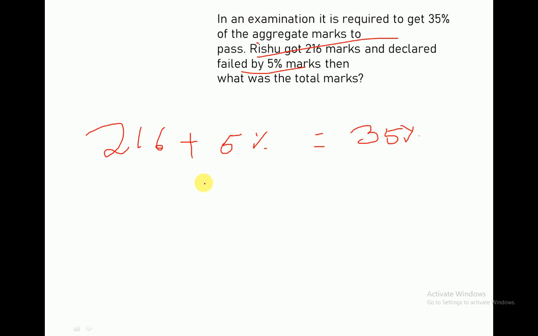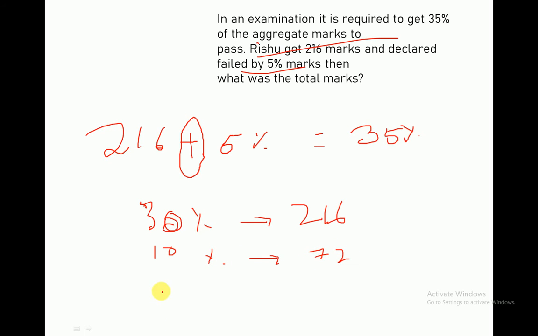Okay, so this is the sign of getting more marks. So 30% will be equal to 216, now 10% would be equal to 72, and 100% equal to 720. So this was our first sum.